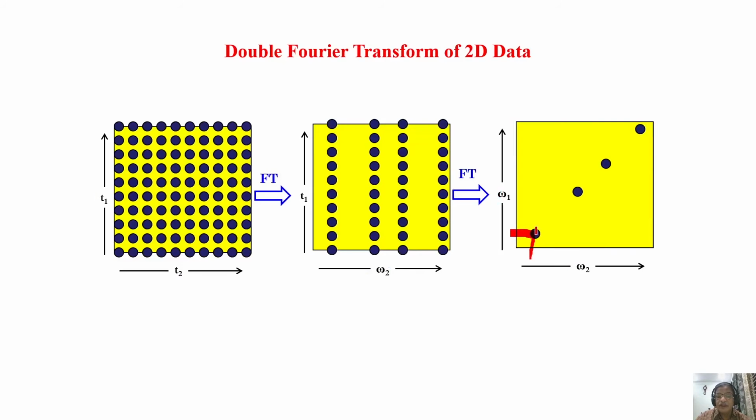We have two frequencies. One in this direction is one frequency, in this dimension you have another frequency. So looking at where the peak is coming, I can say what its frequency is here and here. This is the way you can represent the two-dimensional data after Fourier transformation. So we got frequency in both the dimensions.